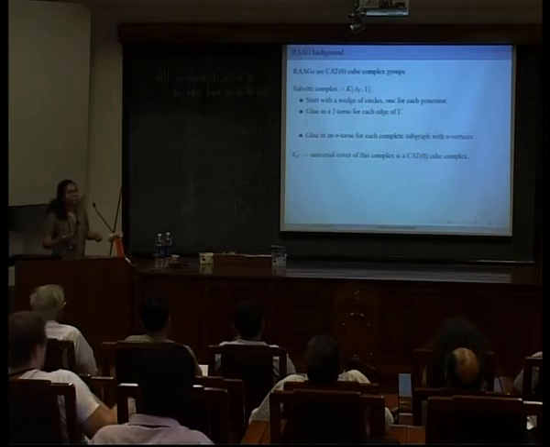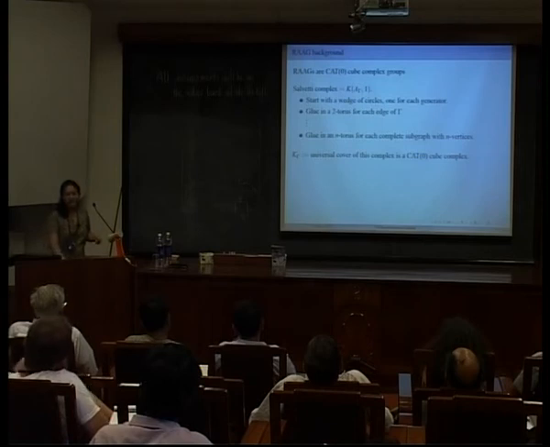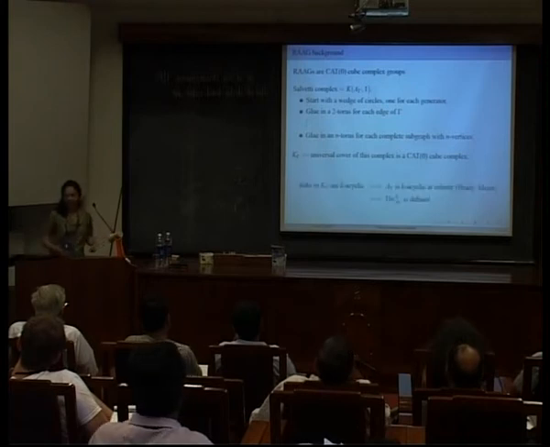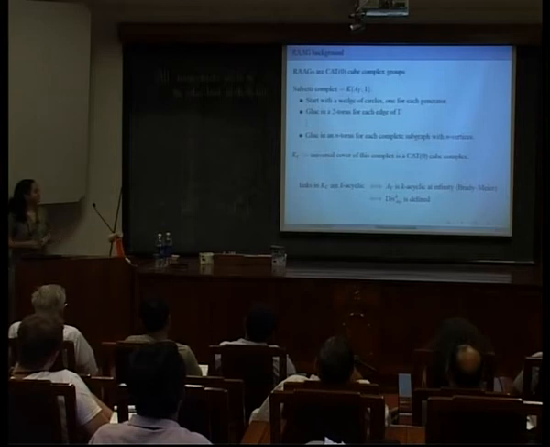So in order to actually do that, we need to know when it's actually possible to fill a k-cycle with a (k+1)-chain, or in other words, we need to know when this space is actually going to be k-acyclic at infinity. And that comes from some work of Brady and Meier.